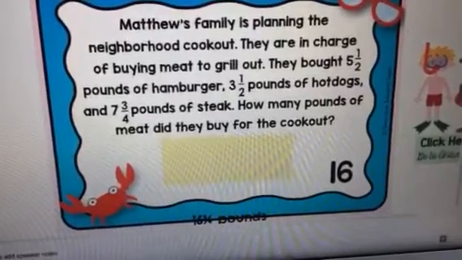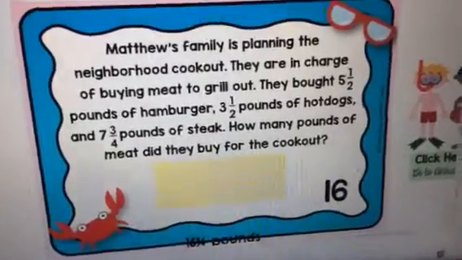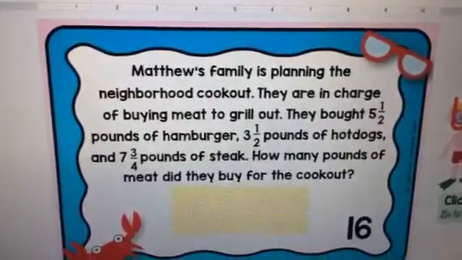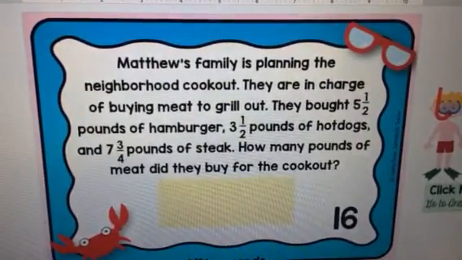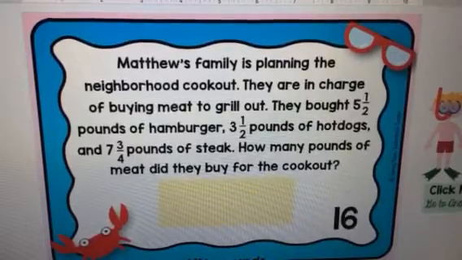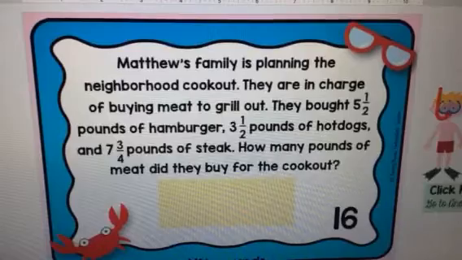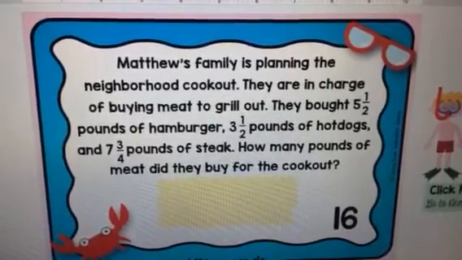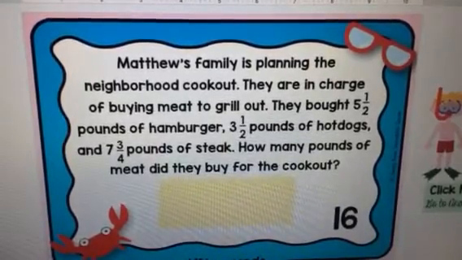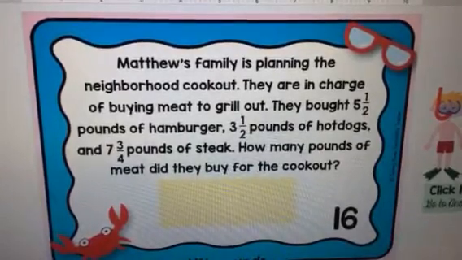They are in charge of buying meat to grill out. They bought 5.5 pounds of hamburger, 3.5 pounds of hot dogs, and 7 3/4 pounds of steak. How many pounds of meat did they buy for the cookout? There's different ways that you could approach this problem. One way is you could make all of these numbers have the same denominator, and then add them together.